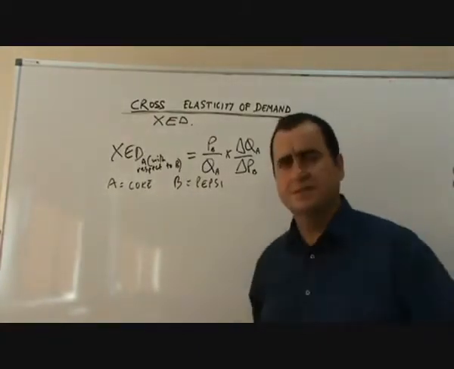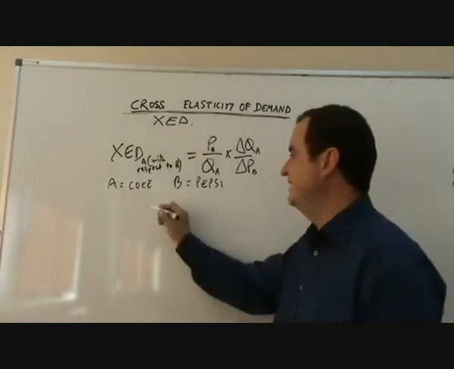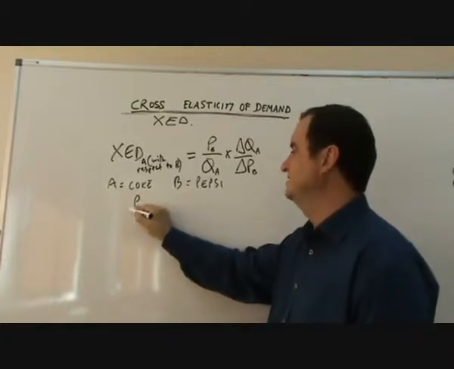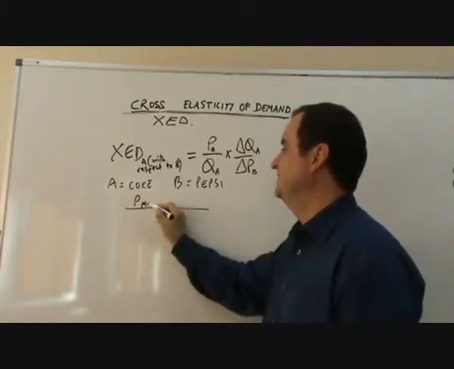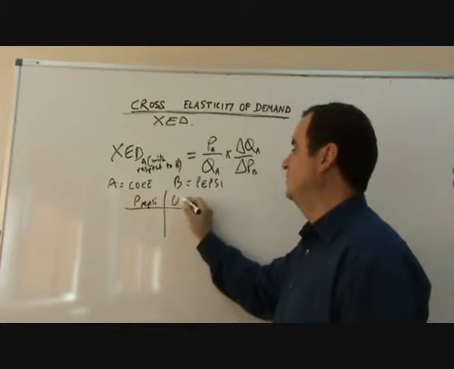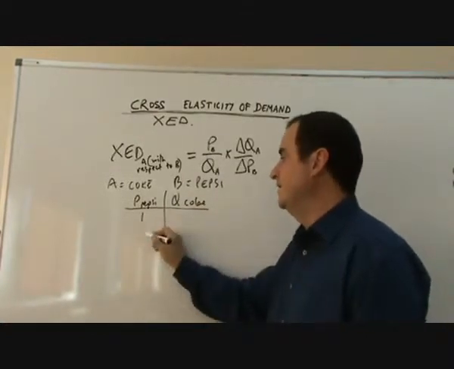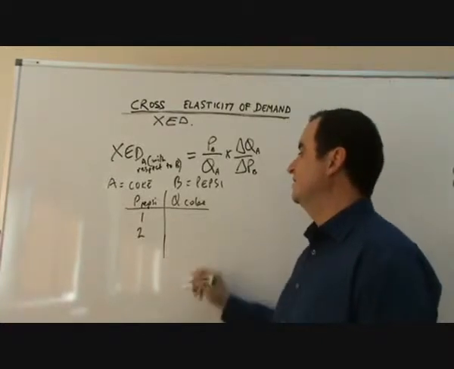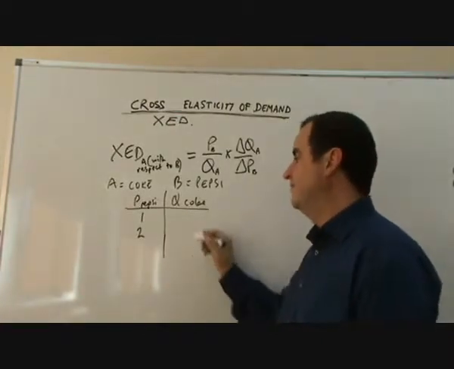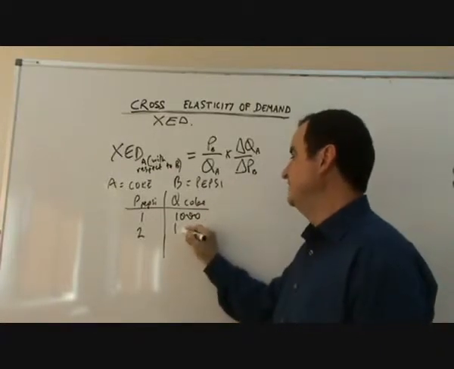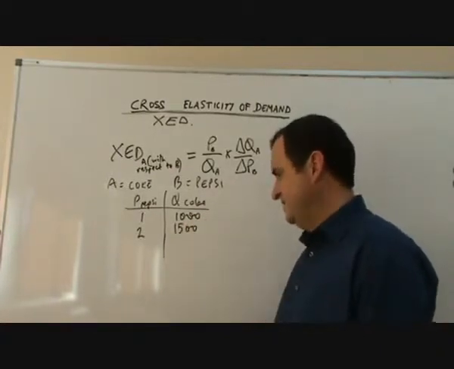And let's imagine that this was done and we found some research and we found, let's keep it simple, that when the price of Pepsi went from 1 to 2, the quantity of Coke bought went from 1,000 to 1,500. Okay, let's work with that.